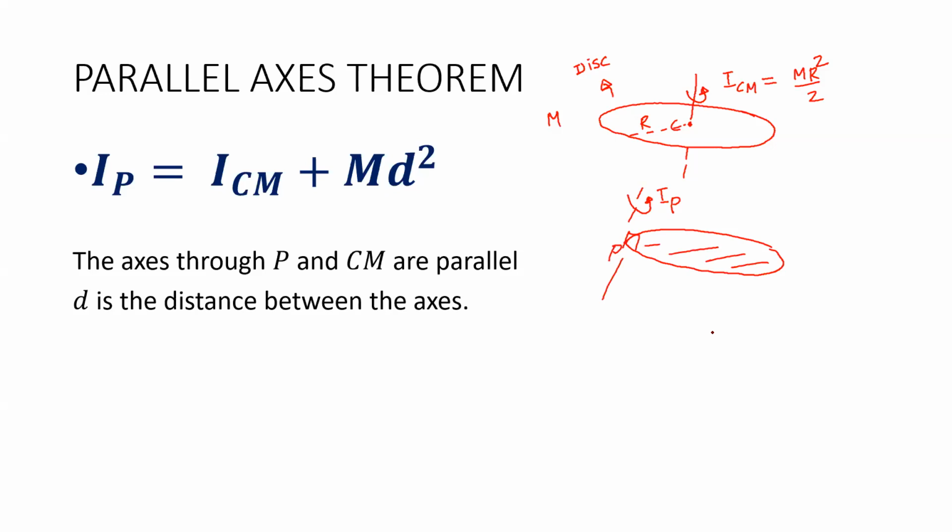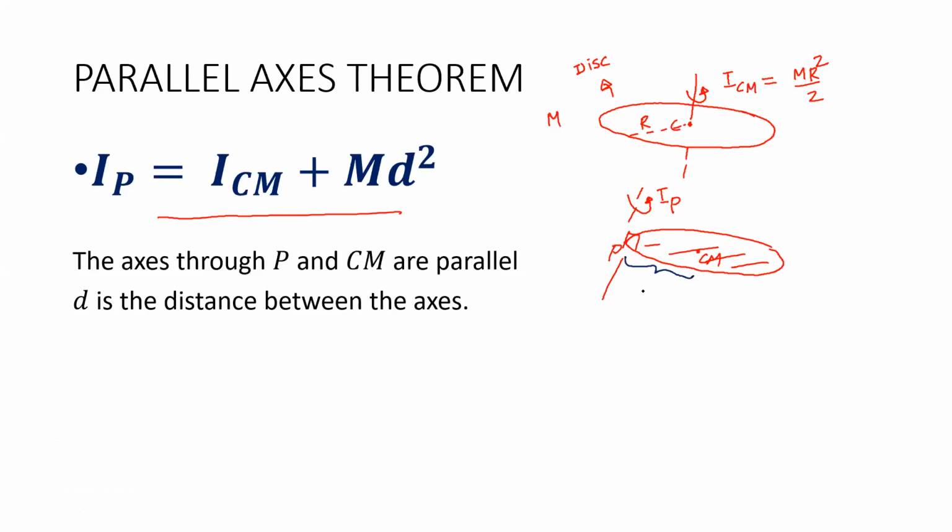It may not be convenient every time, so this theorem is very helpful. I know the moment of inertia about an axis passing through the center of mass, and all I have to do is get the distance between the center of mass and the point P. So what is the distance between the center of mass and the point P here? It is R itself.